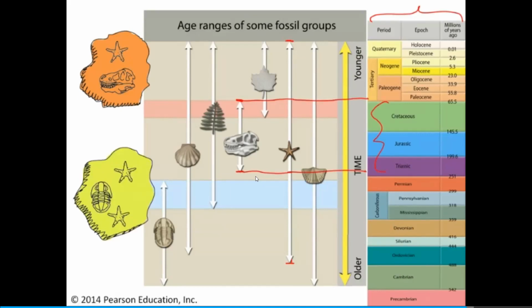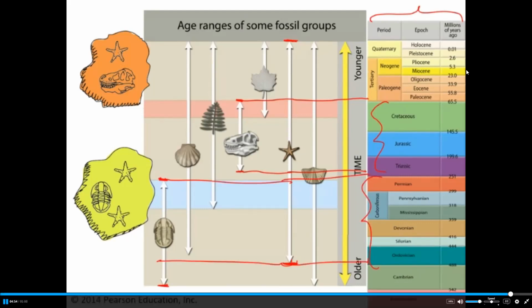Here's another rock sample. This one has sea stars in it as well, but also a trilobite fossil. Sea stars, again, basically have a range that spans like that, and then the trilobites range is like that. So the overlap between them is basically like this, and that constrains our age to sometime between the Ordovician and the Permian for that particular rock.